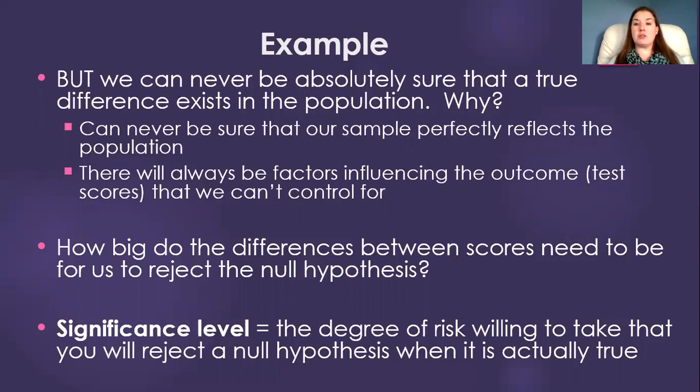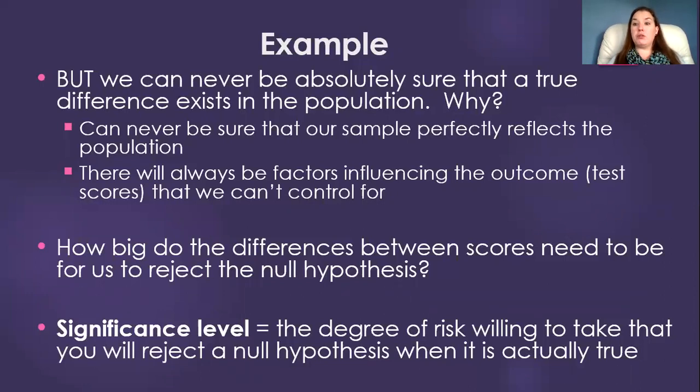That we say there's a difference between groups when really there isn't. And so a significance level of p less than 0.05 indicates that we're right in rejecting the null hypothesis. It's good, we're making the right decision, we're confident that we're coming to the right conclusion.